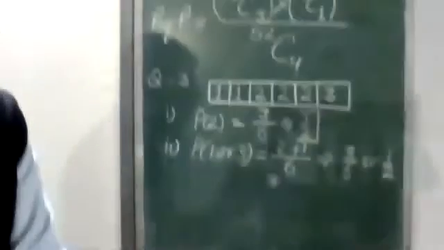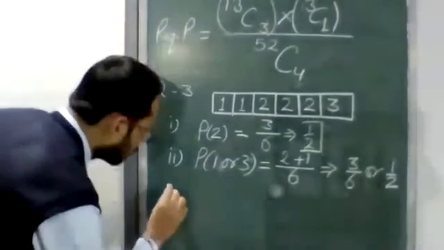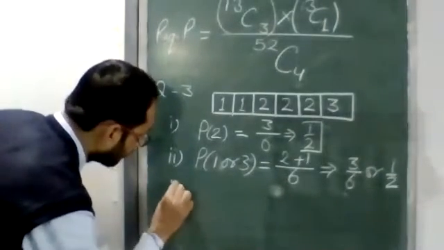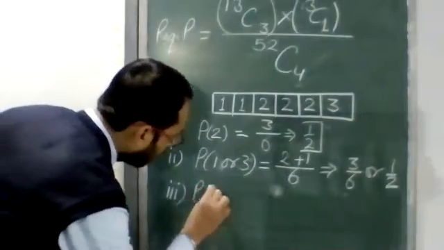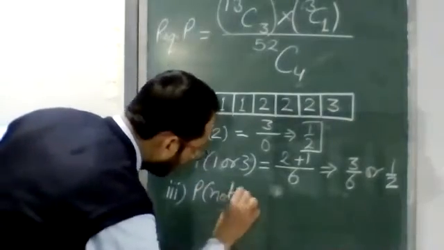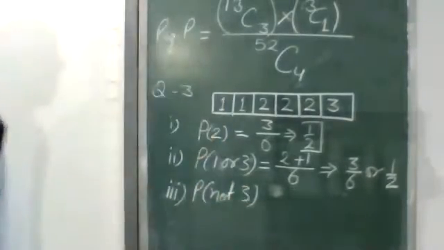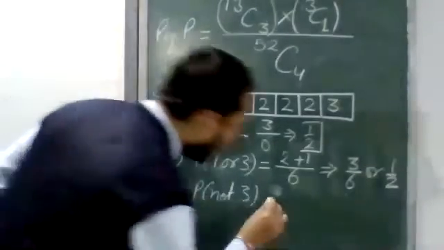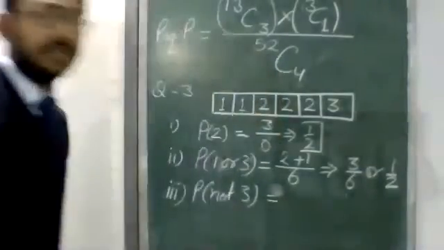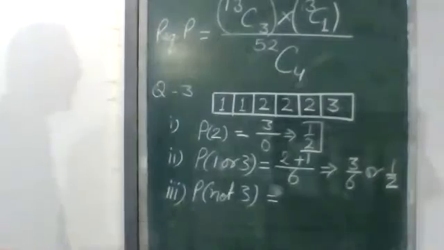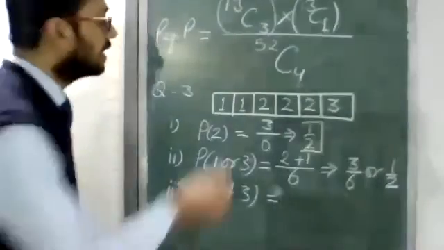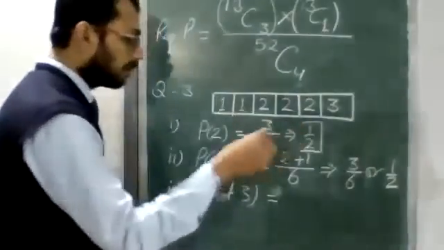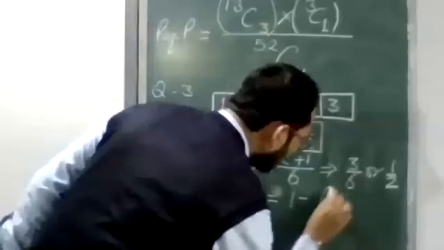The third case: not 3. We don't want 3 in this case. When we don't want 3, it means we want any other number other than 3. So it is 1 minus the probability of 3.